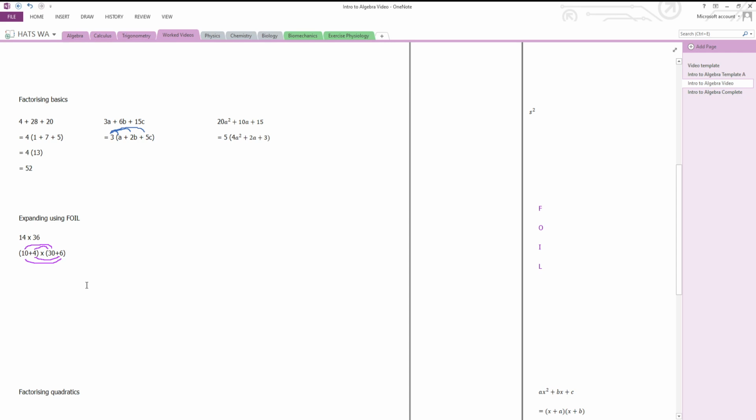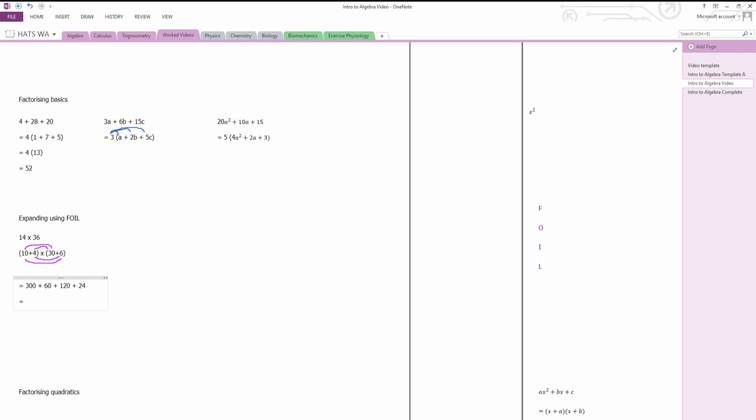So first we've got 10 multiplied by 30. So 10 multiplied by 30 is 300. Outside we've got 10 multiplied by 6, which gives us 60. Inside is 4 multiplied by 30, which gives us 120. And then last is the 4 multiplied by the 6, which is 24.